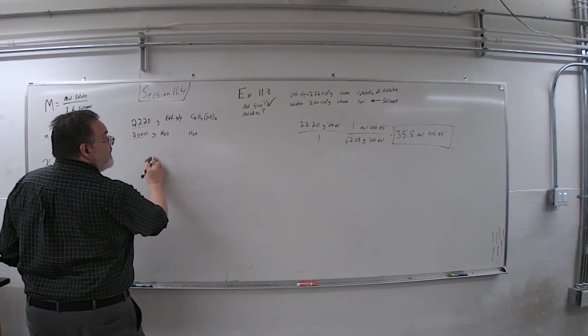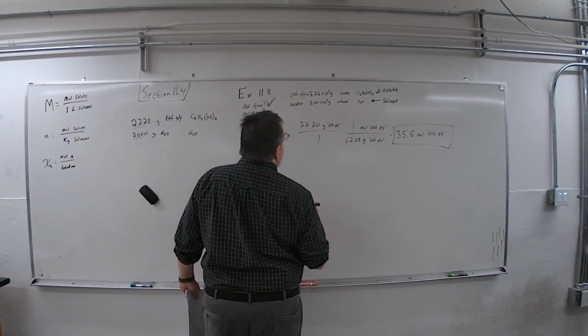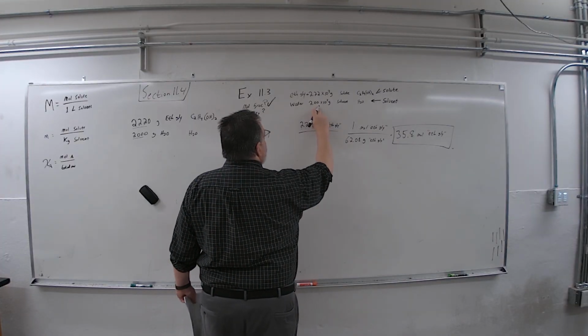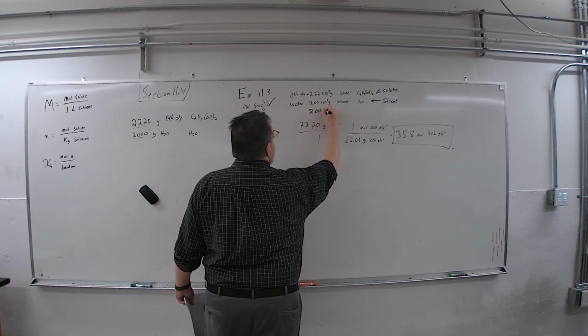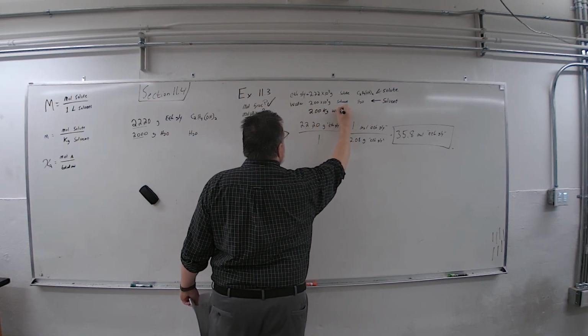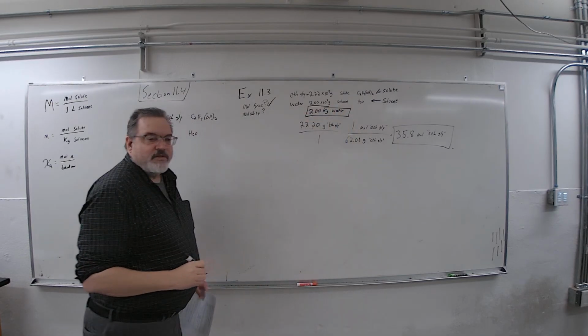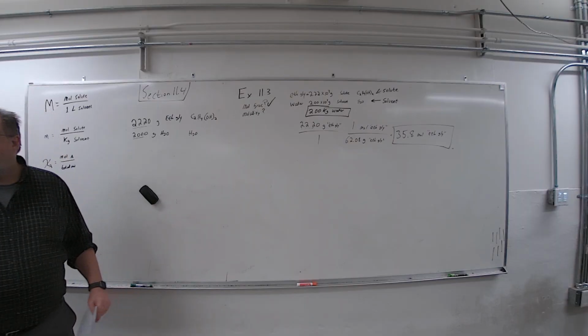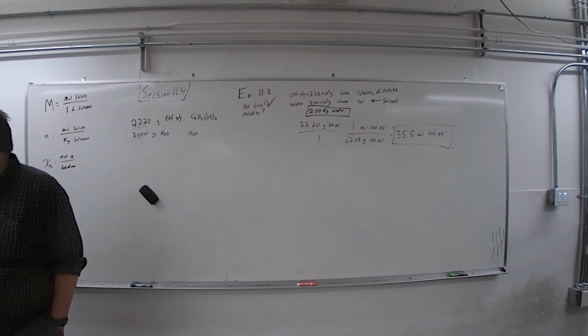Okay, so we have this, and that is right? It's just 2 kilograms of water. If it's 2.00 times 10 to the 3 grams, then it's 2 kilograms. You with me?